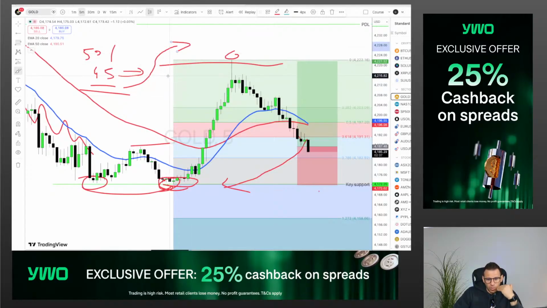But how on earth is it possible not to get a losing trade, especially if you have a 50, 55, 45, whatever win to loss ratio? It's impossible not to get a losing trade.